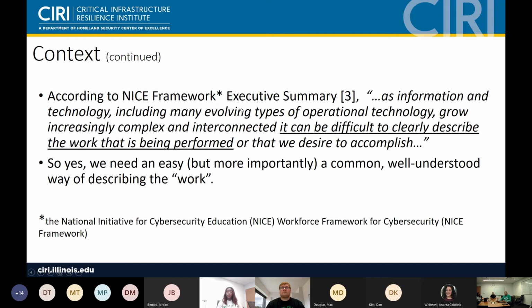According to the NICE framework, which is National Initiative for Cybersecurity Education, it can be difficult to clearly describe the work. And we heard about it enough, so we'll not elaborate on that. But this is the key factor. It's an emerging, ever-changing discipline, and we need to have a common, well-understood way of describing what is work.